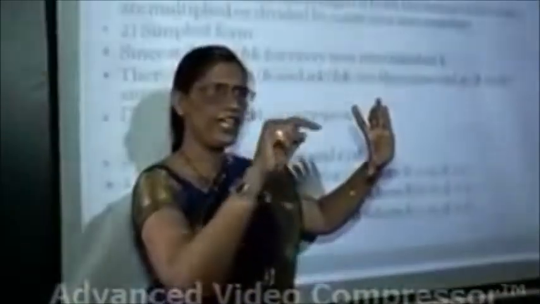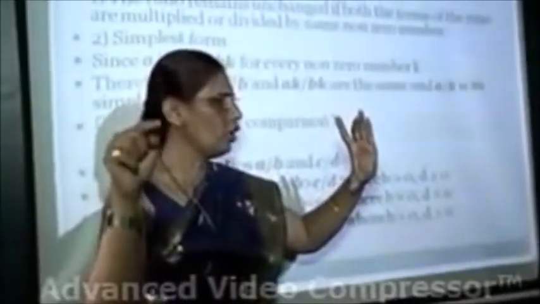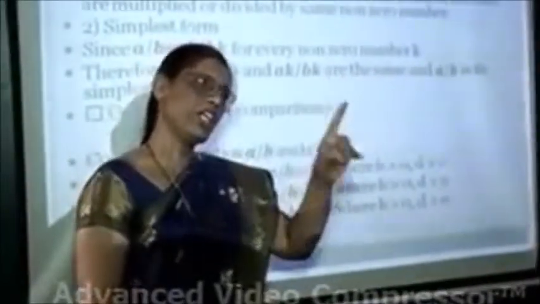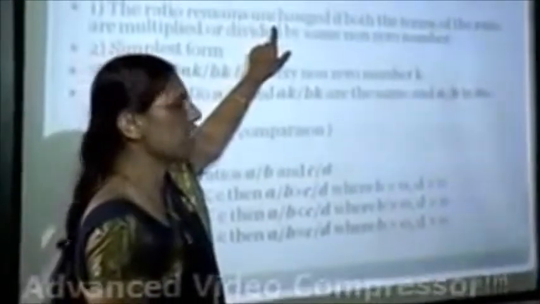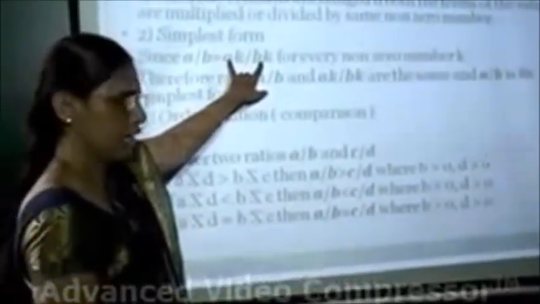If you multiply 3 into 5 upon 4 into 5, or if you divide, you will get 3 upon 4. So the ratio remains unchanged if both terms of the ratio are multiplied or divided by the same non-zero number. Then we can write the ratio in simplest form.